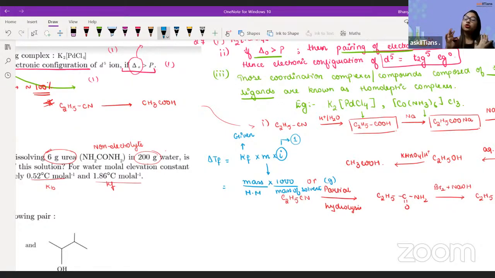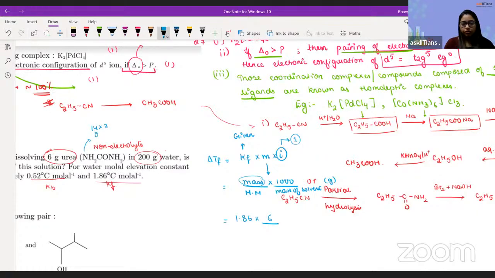Right. So over here, I just have to substitute the values. I know the value of Kf. I know the mass of solute, which is 6 grams. I know the molar mass, like I can calculate basically. I do not know it, but I can easily calculate. There are 2 nitrogens, so 14 into 2.